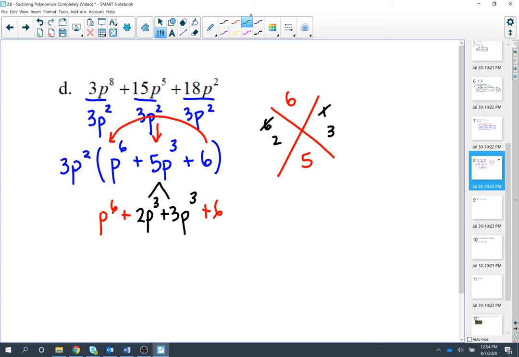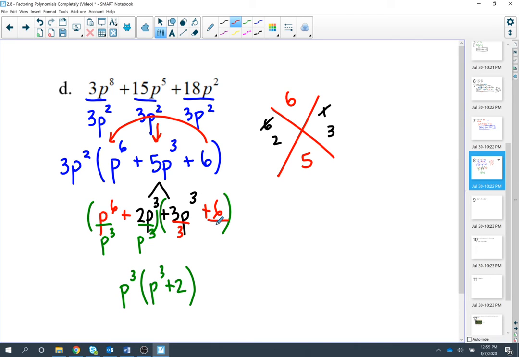From here, just like we did before, grouping. First 2, I can get a p to the 3rd, and then left over I have a p to the 3rd plus 2. Then I'm going to come to my second one, 3p cubed plus 6.